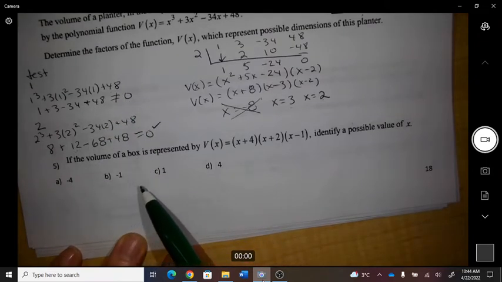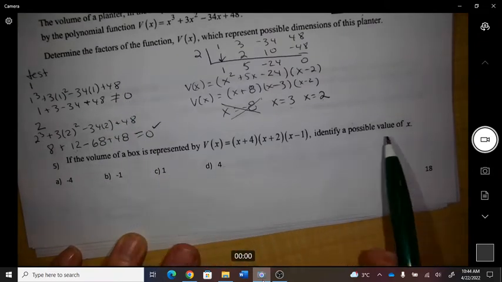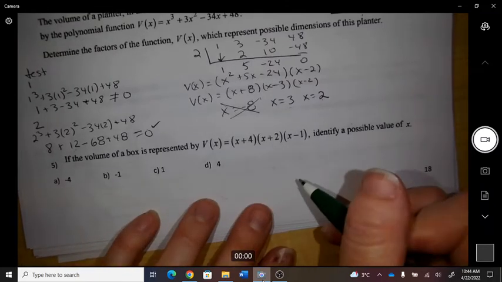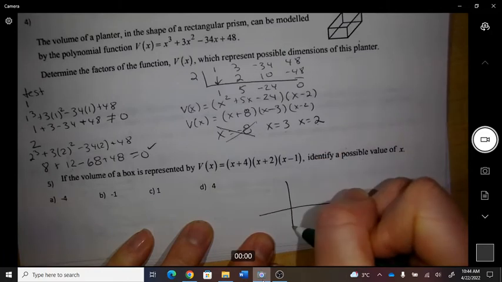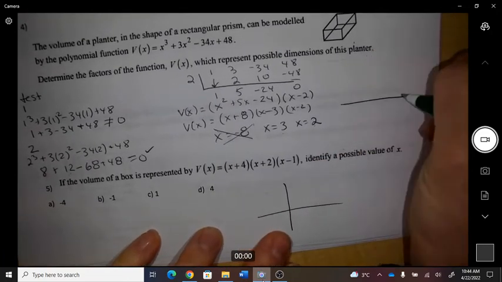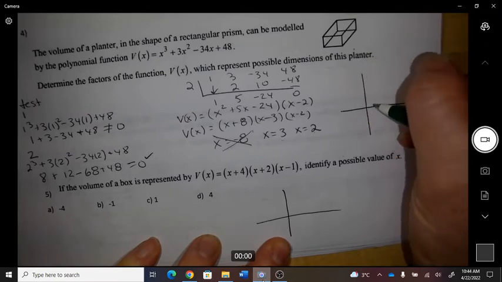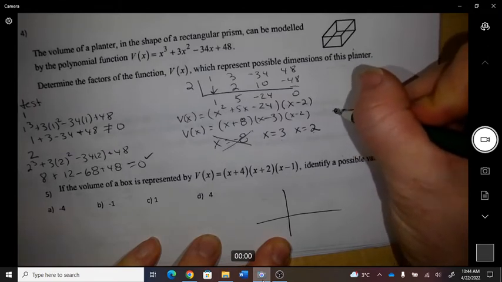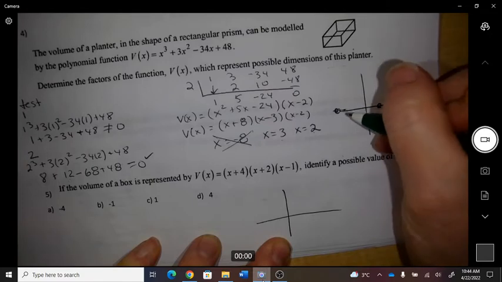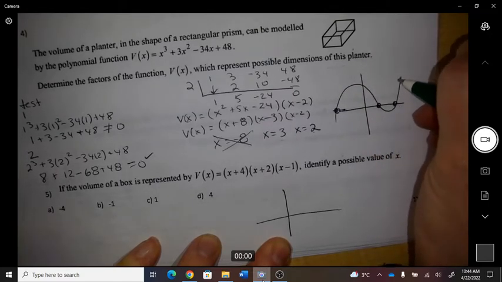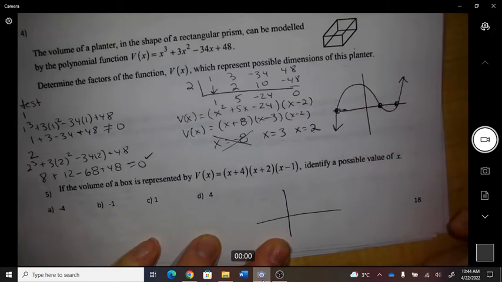If the volume of the box is represented by that, identify a possible value of x. Okay, you know what, I'm going to graph this. Actually, let's just graph this one too here. So we have x equals negative 8, 2, and 3, and the volume would be like that.